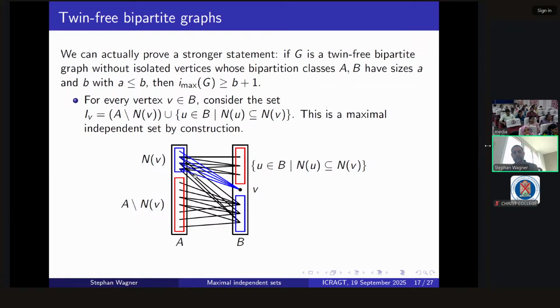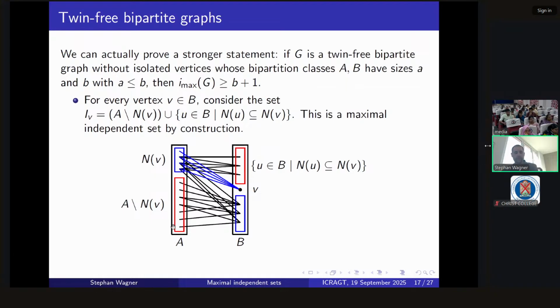I take everything that's not in the neighborhood on the left, and then I take all the vertices on the right that only have neighbors here, but not there. Right, so all the edges go only into here, whereas these vertices have neighbors here and possibly also here. So these are not included. Only the red parts are included in my maximal independent set.